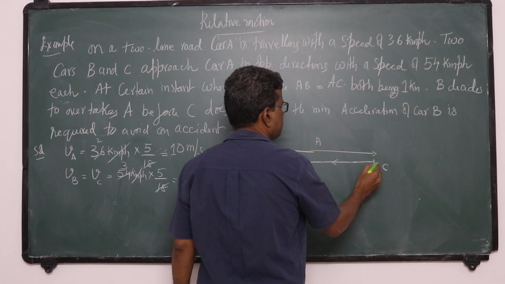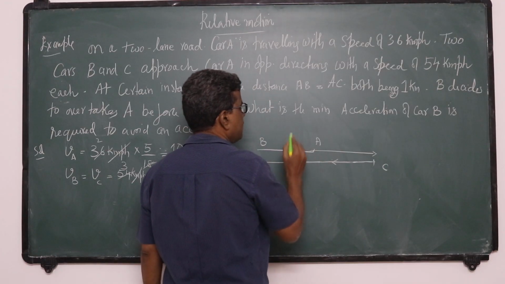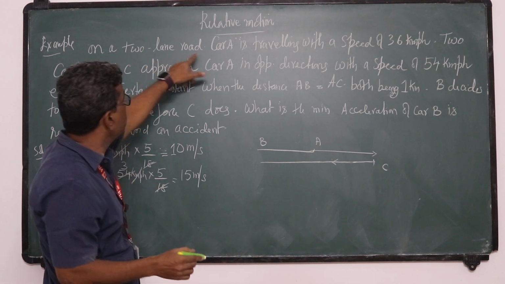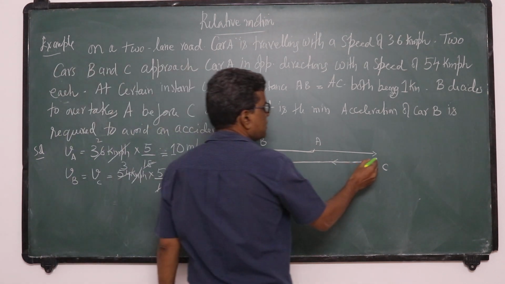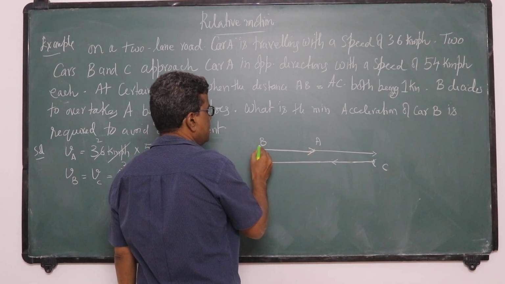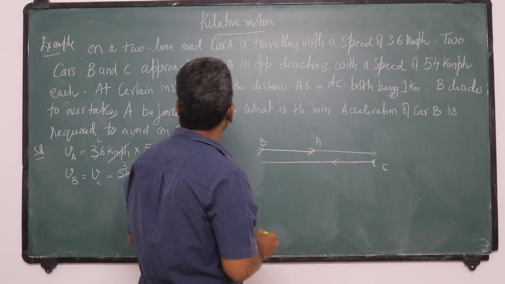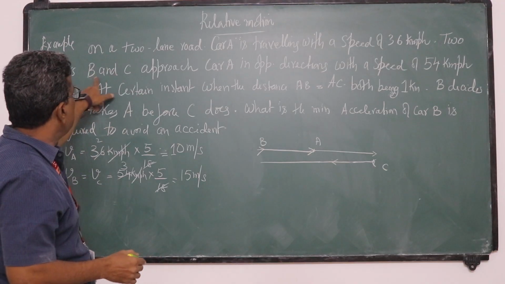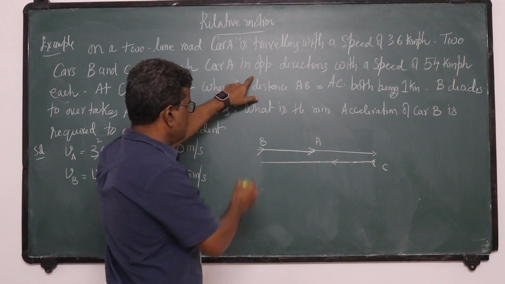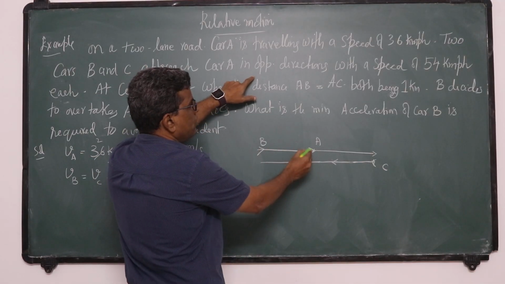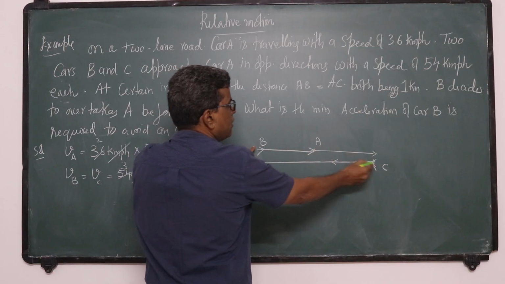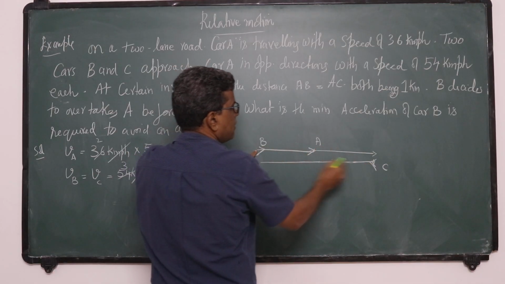C is here. So the car C is moving like this, car A is moving like this, B is moving like this. B and C approach car A in opposite directions. Clear?